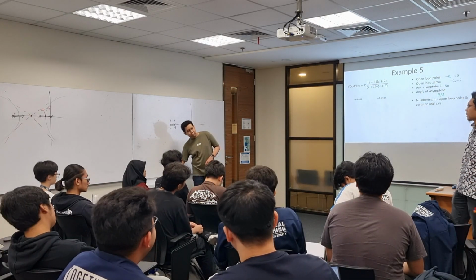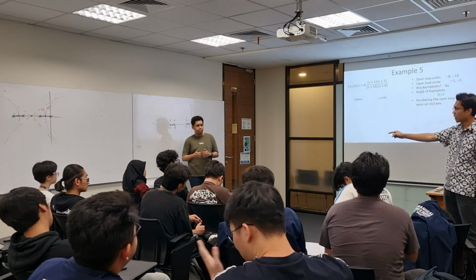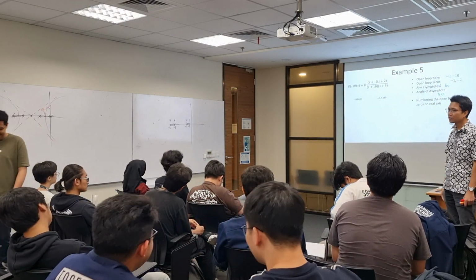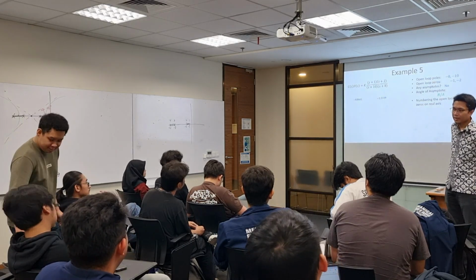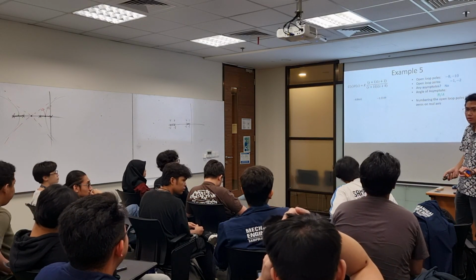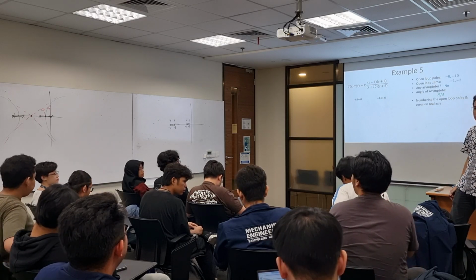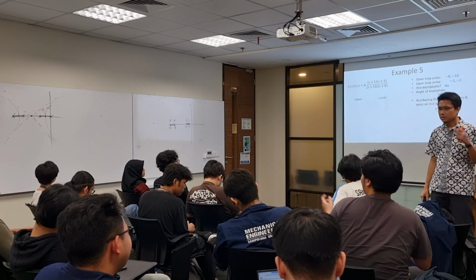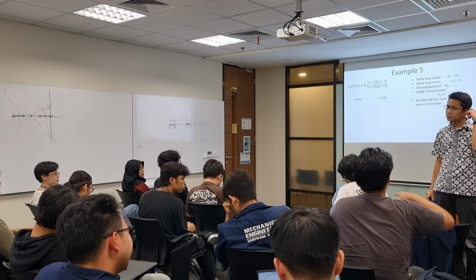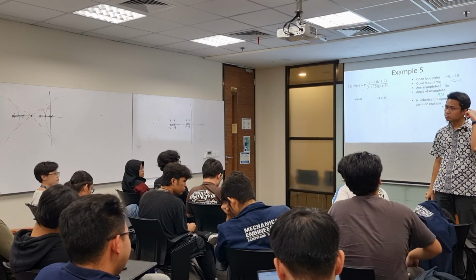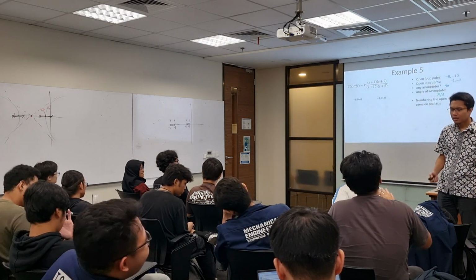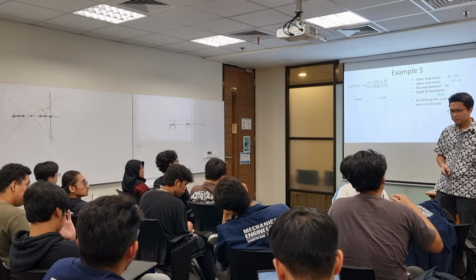Okay, let's see this. Anyone have an objection on this? Next question. The graph will approach the zeros and then it will go to the asymptote.